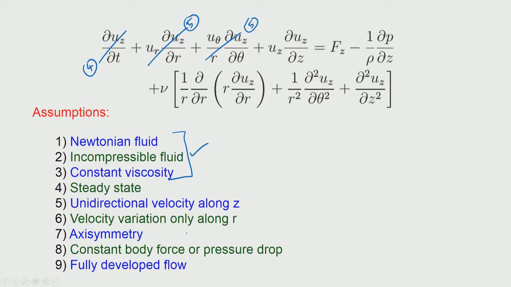So, variation along theta should be knocked off, and along the z direction also to be knocked off, and axis symmetry also implies that this is gone, and the fully developed flow would actually want you to drop this term, and then these are not there.